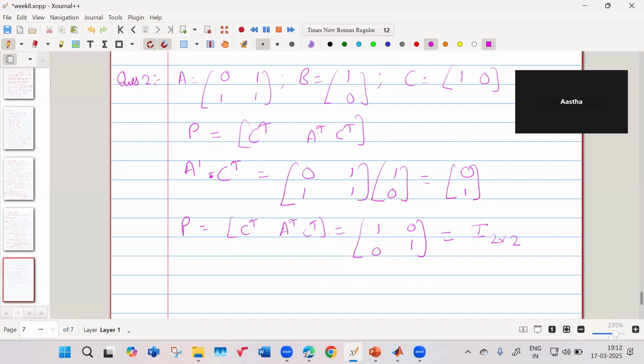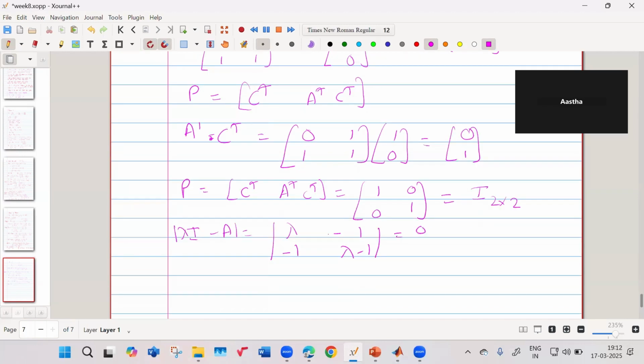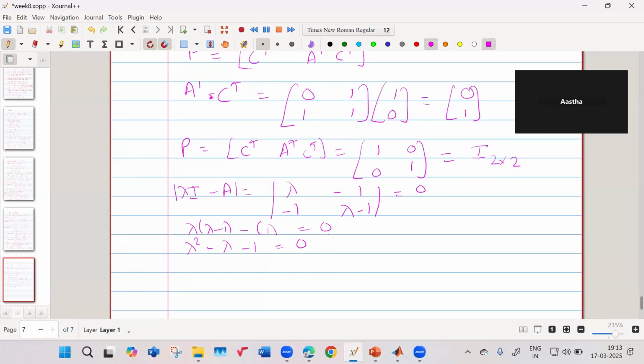So we got P. Now we have to find W. So to find W, what we have to do? We have to first find the eigenvalues of A, the characteristic equation of A. That is lambda minus 1, minus 1, lambda minus 1. This should be equal to 0. So this is lambda into lambda minus 1, minus of 1 is 0. So lambda square minus lambda minus 1 is equal to 0. Right? So if we compare, this actually is lambda square plus a1 lambda plus a2 is equal to 0.